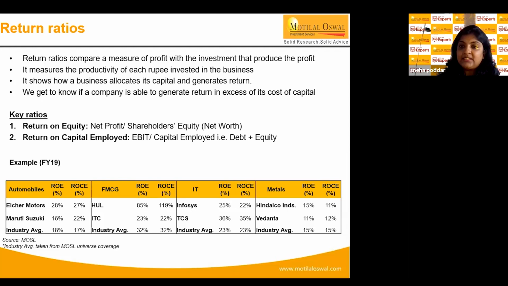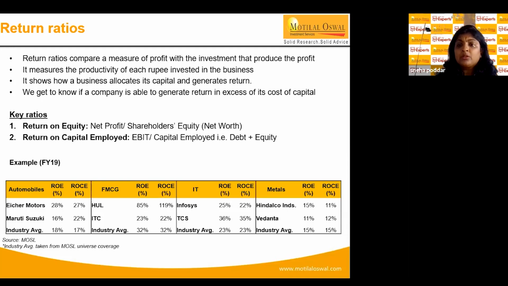In fact, ITC, which you saw, enjoys much better margins compared to HUL, but its return ratios are a little depressed because it has to do a lot of investment into its other non-core businesses, it has an FMCG segment, it has a hotel segment, and these are non-core segments. Those segments require investment because they are in initial stages.